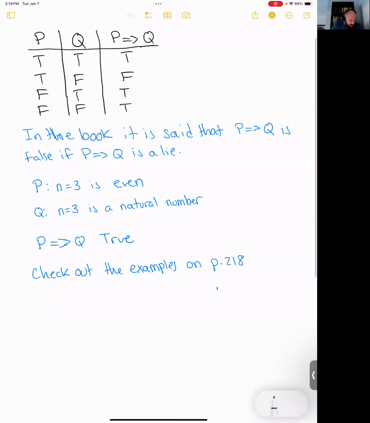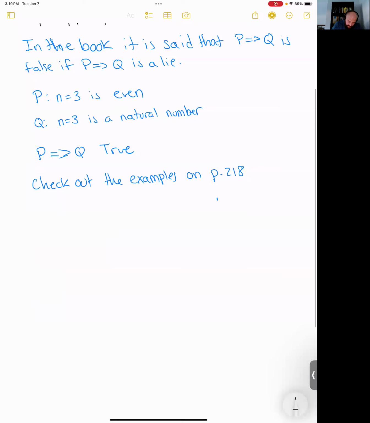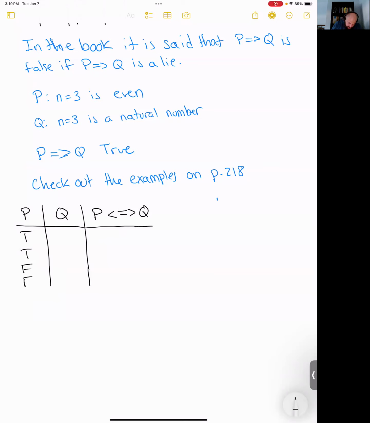Okay, so let's work with this a little bit and let's build the following truth table. So we're going to have P and Q. And I'm also going to define for you the next thing, which is P is equivalent to Q. So I'm just going to introduce it as if it's a definition, but then we'll see that it's equivalent to something involving the implication.